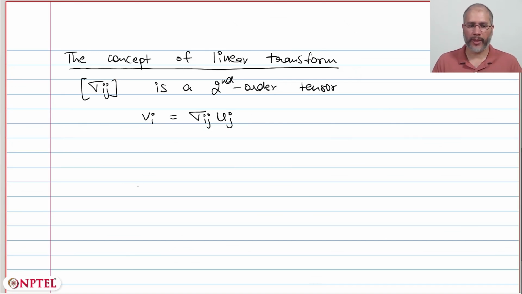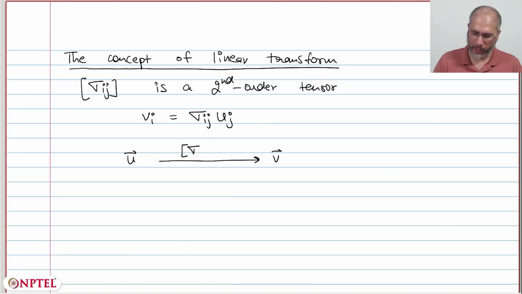So what we are doing is that we are going from a vector u to a vector v by multiplying u with a second order tensor sigma. So this is called a linear transform. And what are we transforming? We are transforming the vector u into a transformed vector v.